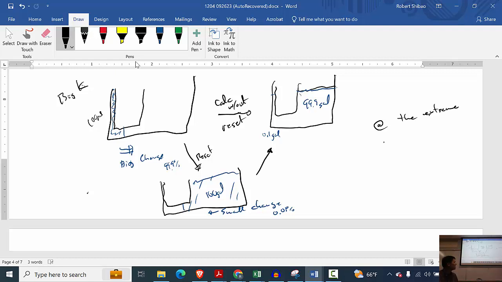But at the extreme, let's say I had a 99.99999. Let's say your calculator only holds 10 digits. You can see how many digits your calculator holds by looking at the manual. If your calculator only holds 10 digits, it's incapable of registering this number.